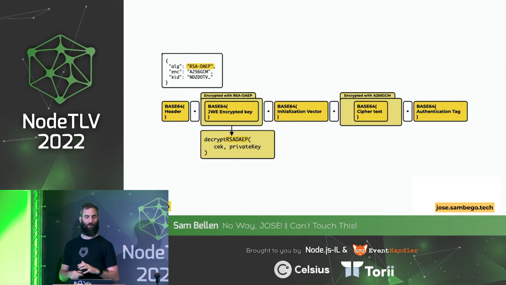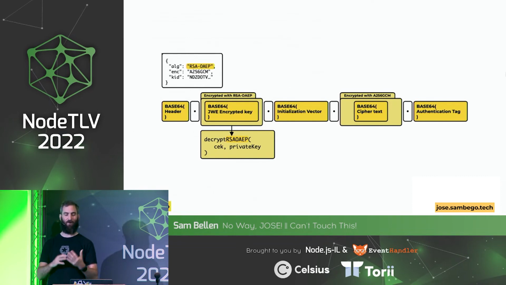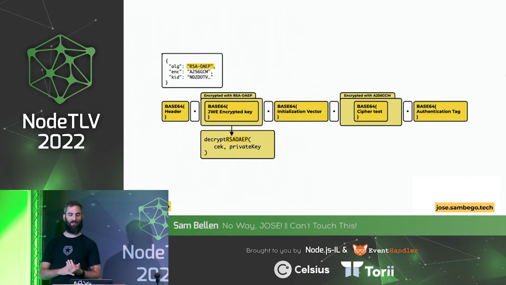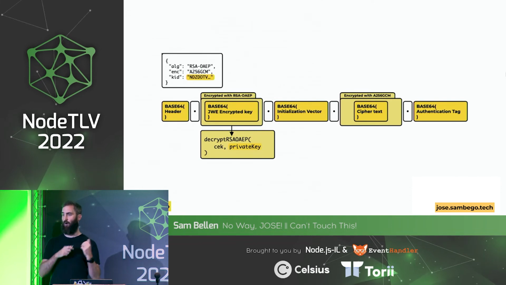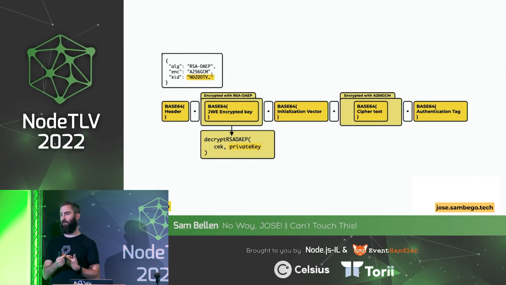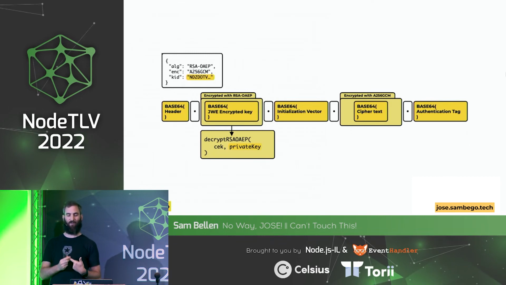So we look into the header, which algorithm to use, RSA OAEP, okay. We use a library that knows how to deal with this algorithm. And we input the content encryption key, which is the second part of this string, together with the private key that has the key ID also mentioned in this header. So we know which algorithm to use and which private key to use to decrypt this content encryption key.